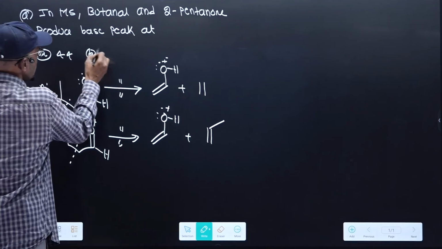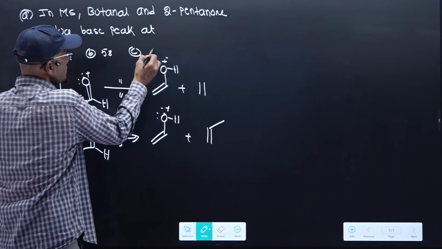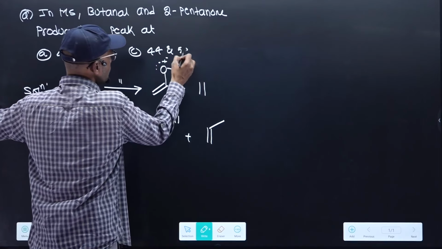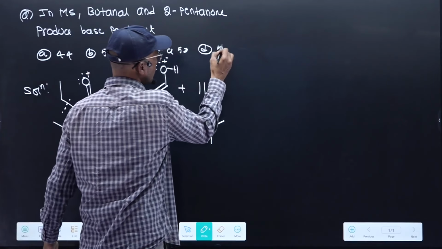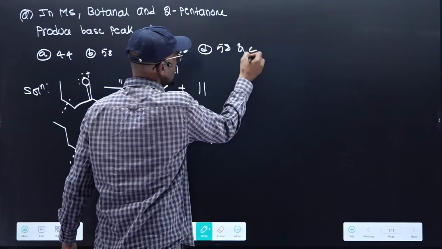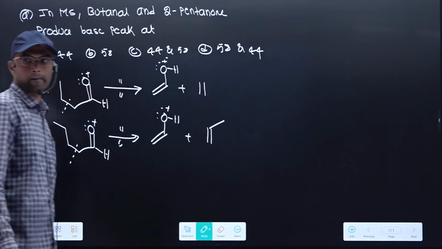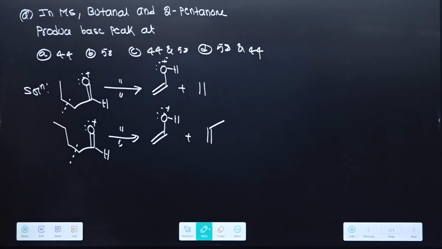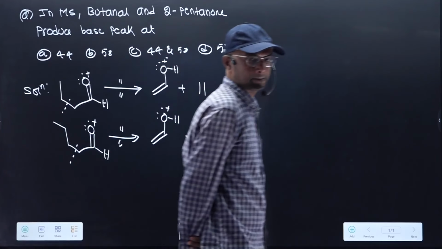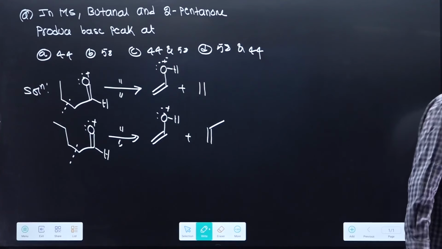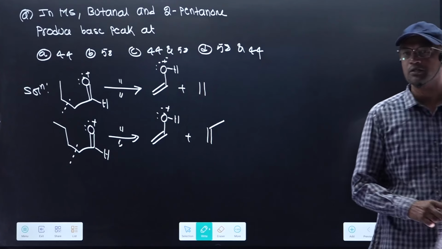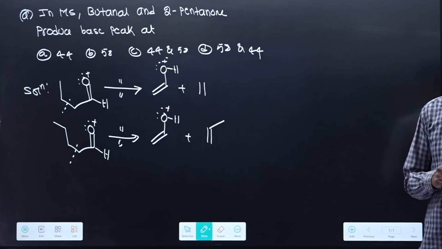Both will give 44, both will give 58, C. Same options, 44 and 58, D. 58 and 44. If you know fragmentation rules clearly, then only you can attempt the questions. Otherwise, impossible.